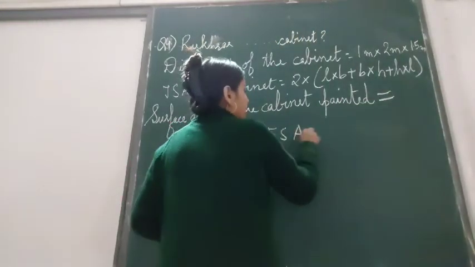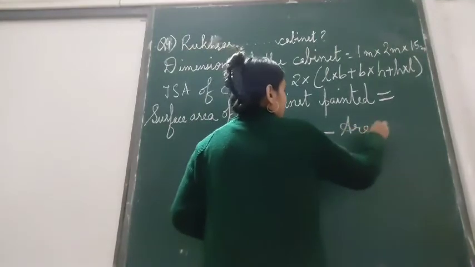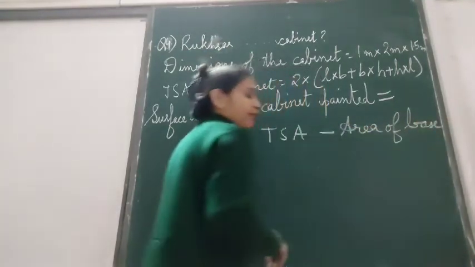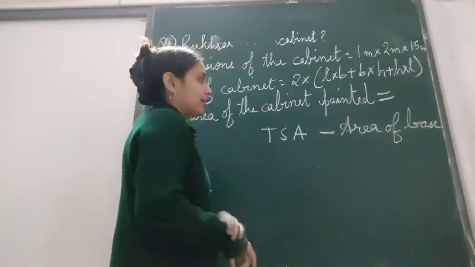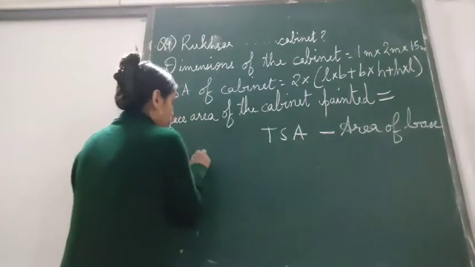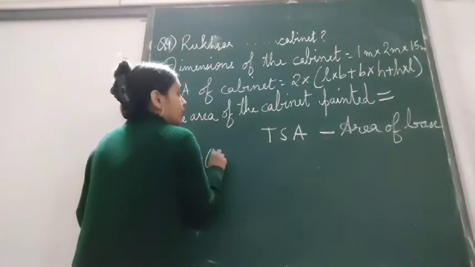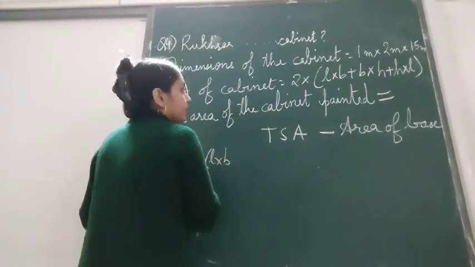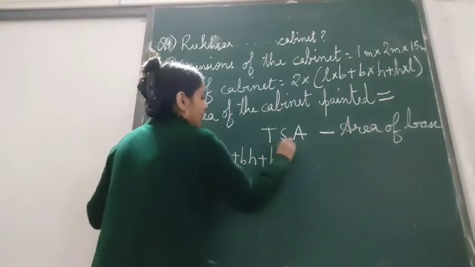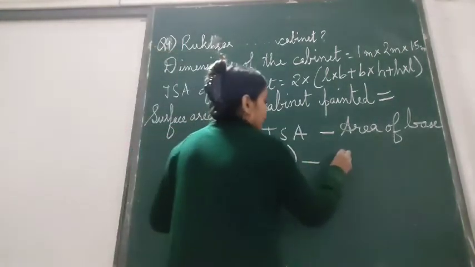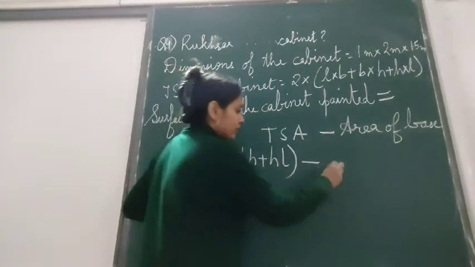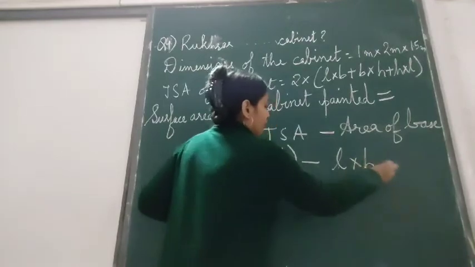total surface area minus area of base, because she is not painting the floor, not painting the base of the cabinet. Okay, so total surface area, that is 2 into length into breadth plus breadth into height plus height into length, minus area of base, which was length into breadth.